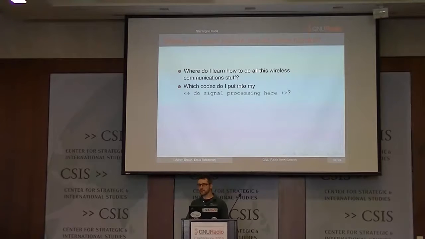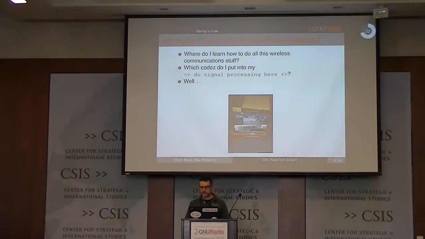Now, a good question: I made this example where I said, if you write a convolutional decoder, it's more complicated. And then you might ask, well, how do I write a convolutional decoder? How do I learn all these things? How do I write a digital modem? At that point, it gets a bit more difficult. You can read lots of books, or you can get a degree in digital comms.